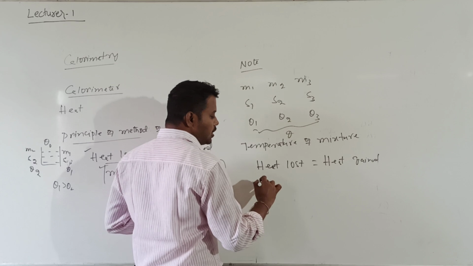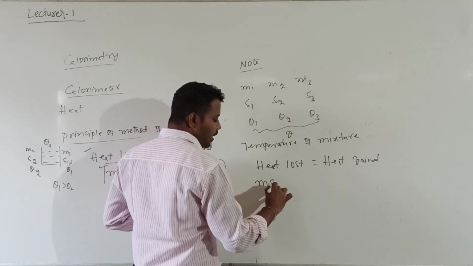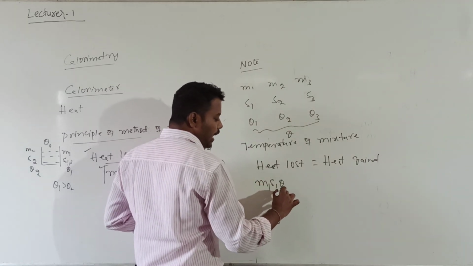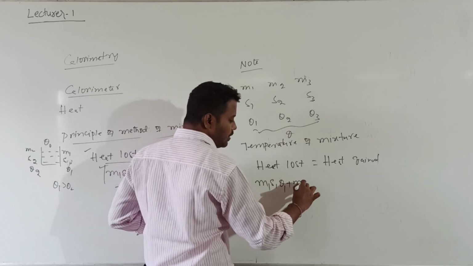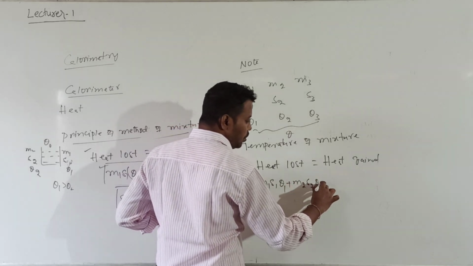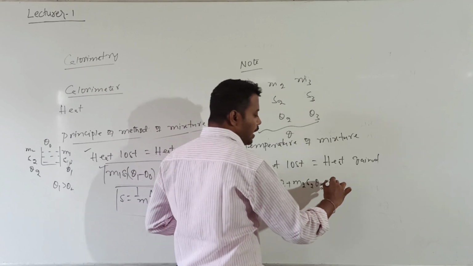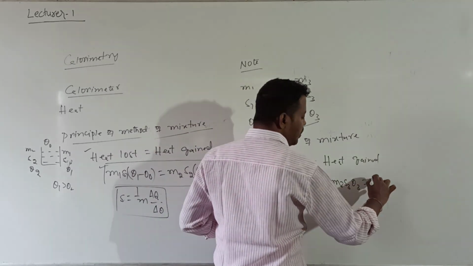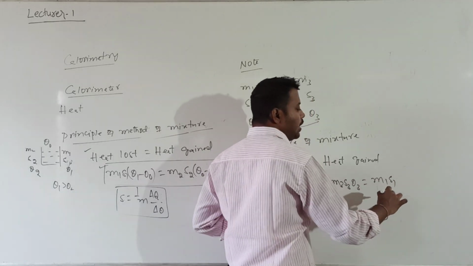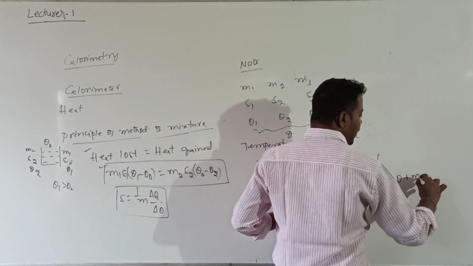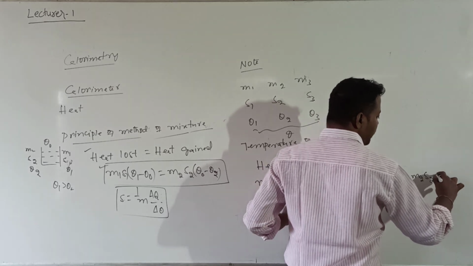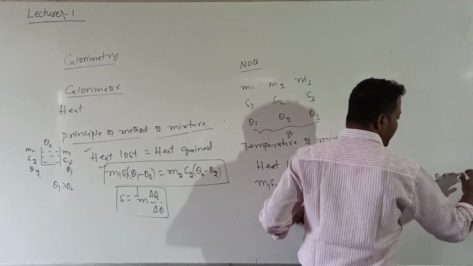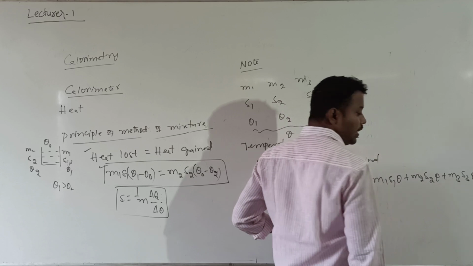So what is the heat lost or gained by the first body? M1 S1 theta 1 plus M2 S2 theta 2 plus M3 S3 theta 3 will be equal to M1 S1 theta plus M2 S2 theta plus M3 S3 theta, since the final temperature of each is theta.